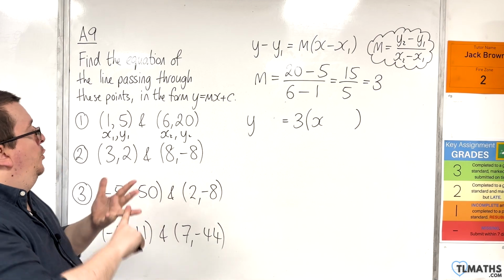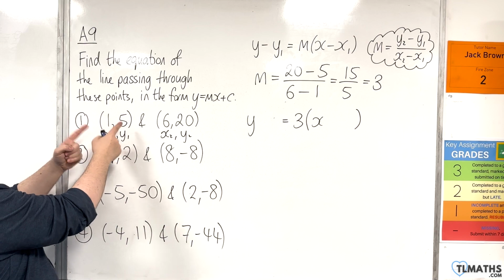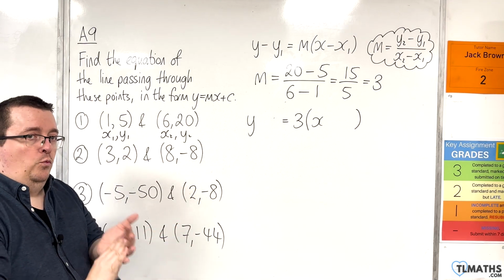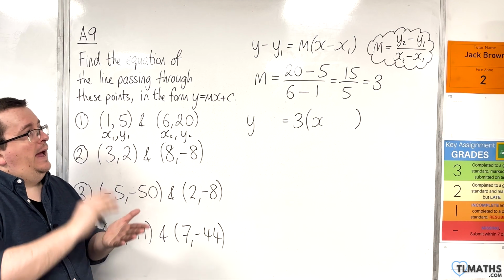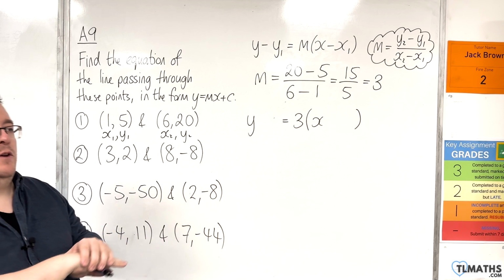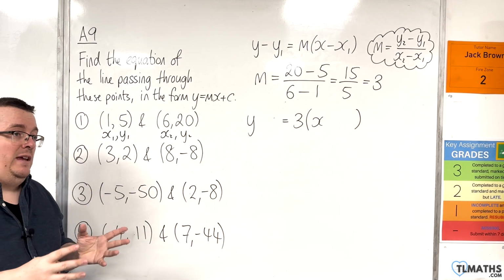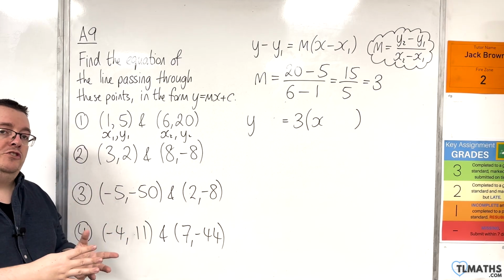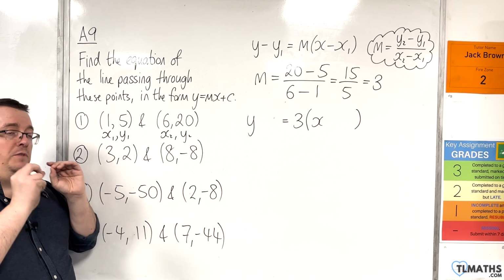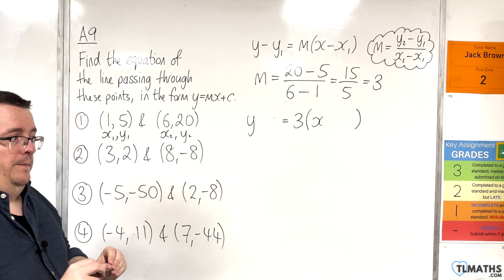That point could be the 1, 5, or it could be the 6, 20. It doesn't matter which one you choose. As I've shown you in the previous video with the y equals mx plus c form, I generally would go for the easiest pair of coordinates to work with. In this example, I'm going to show you that you could do both.